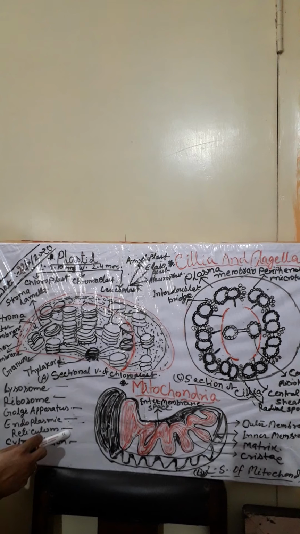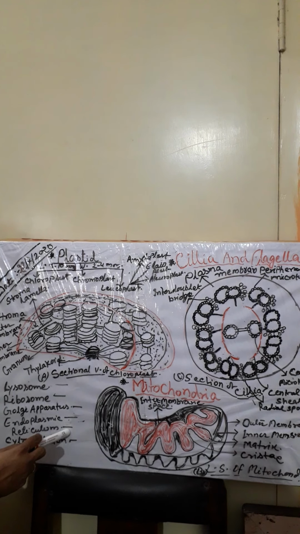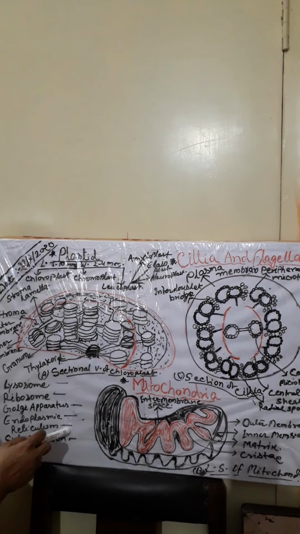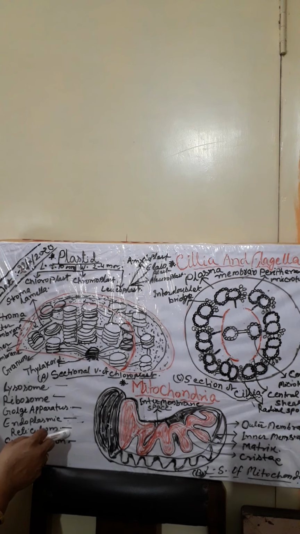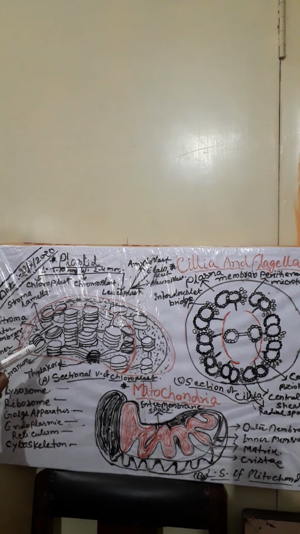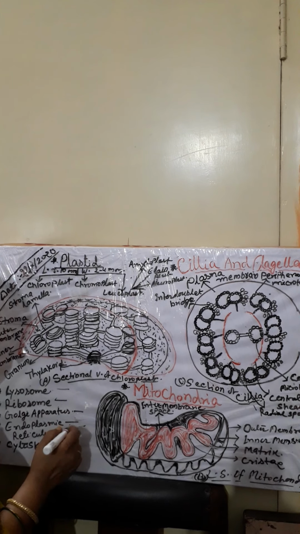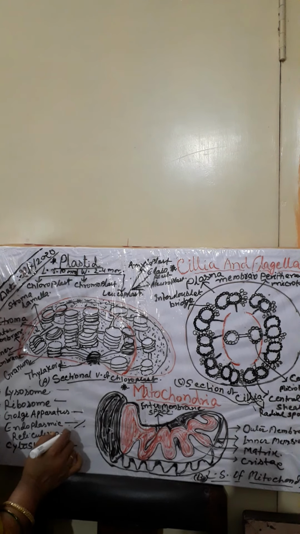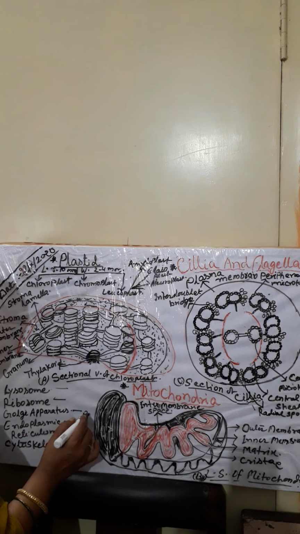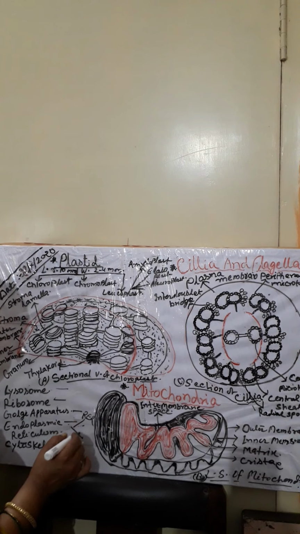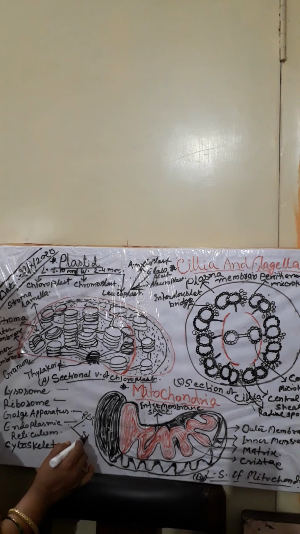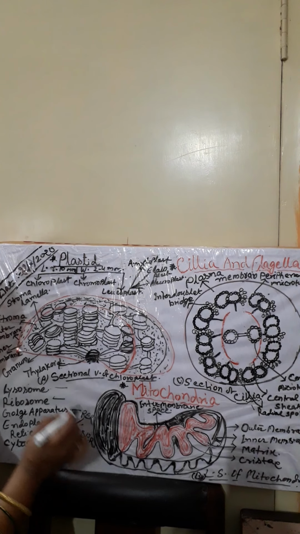Lipid-like steroidal hormones are synthesized in the smooth endoplasmic reticulum. So endoplasmic reticulum is generally of two types: rough and smooth.